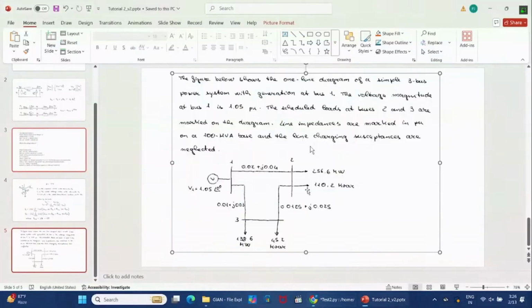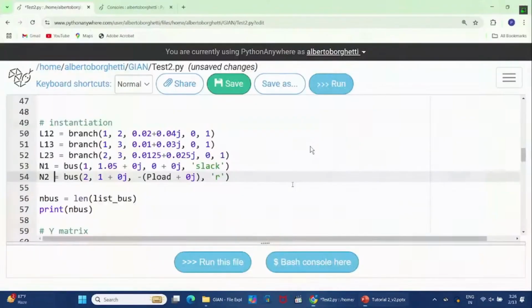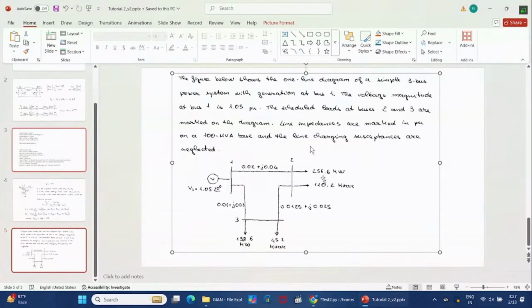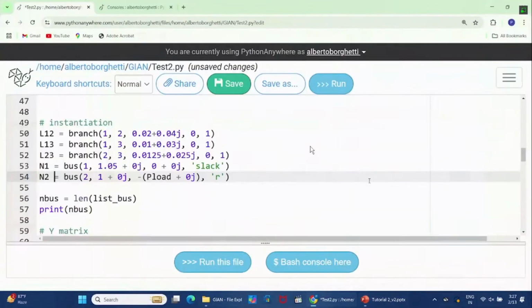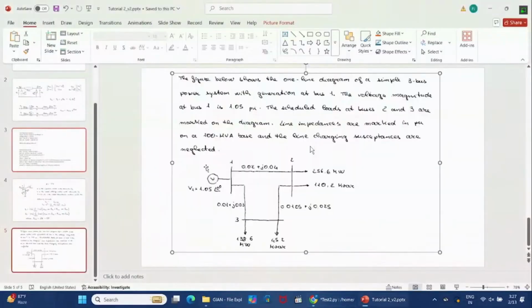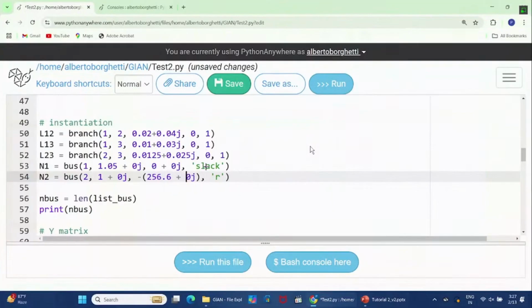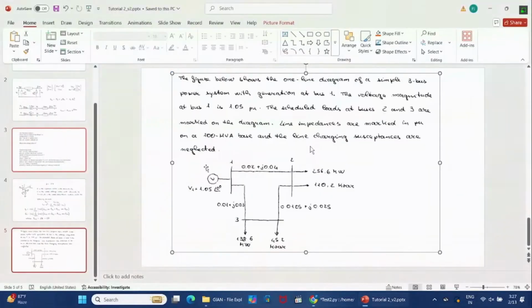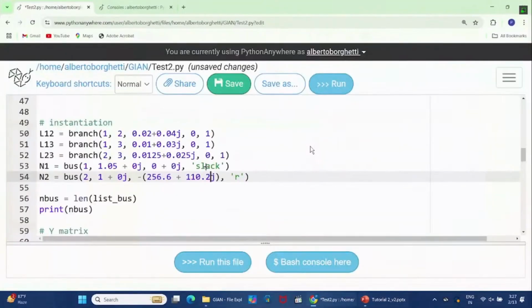So N2 is this bus here. You see that it is bus 2. The voltage we don't know, so we can just put 1.0 as an initial guess. And then what is the power? It is minus 256.6 for the active power, and the reactive power is minus 110.2.